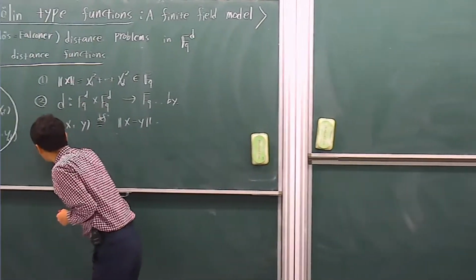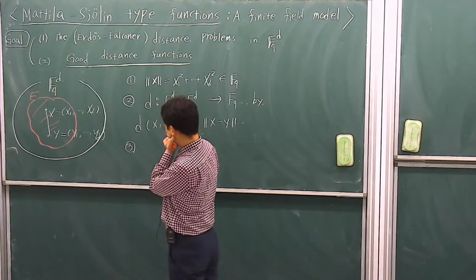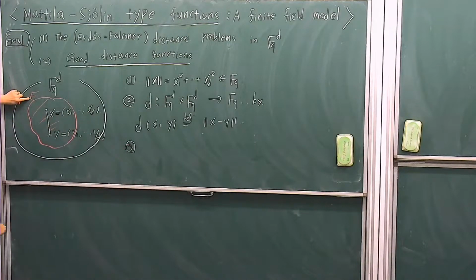Now let me define some things. Given a nonempty subset E, we choose any two points and we get a distance. Sometimes many distances, sometimes few distances.